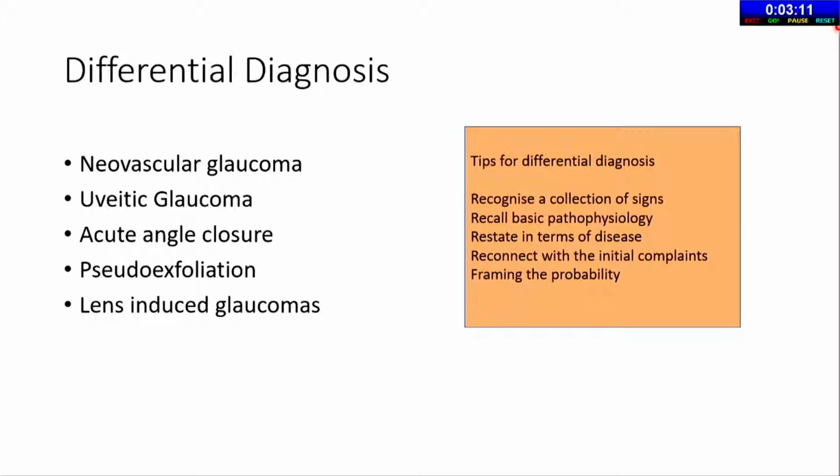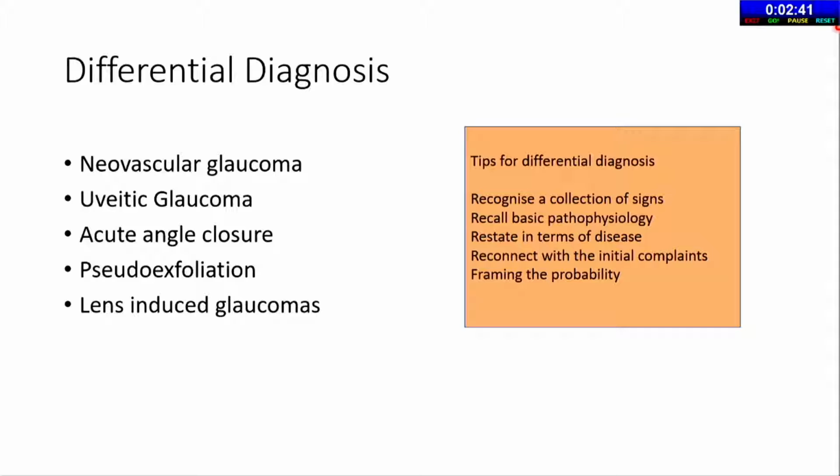Coming to differential diagnosis, what are the tips? Recognize a collection of signs, recall basic pathophysiology, restate in terms of disease, reconnect with initial complaints, and then frame the probability. How does a patient of NVG present? The patient comes in the acute stage with an acute, painful red eye. So what will be the differential diagnosis in a patient with a painful red eye?